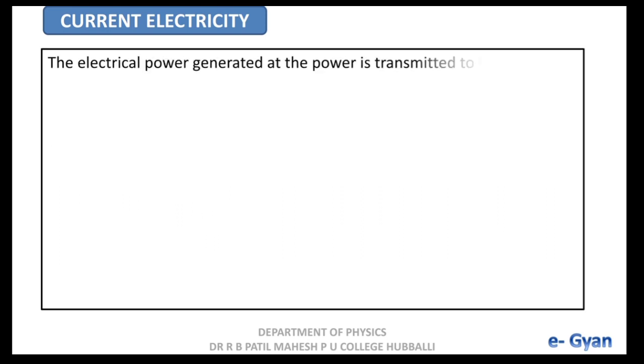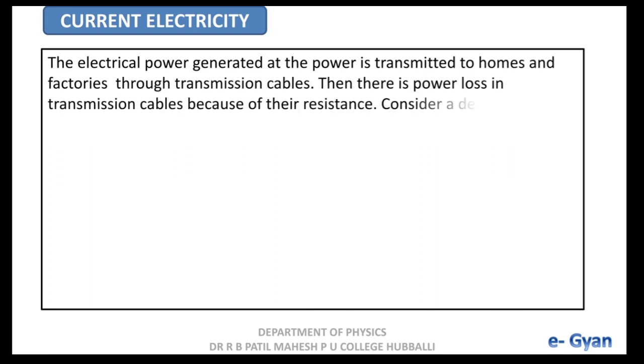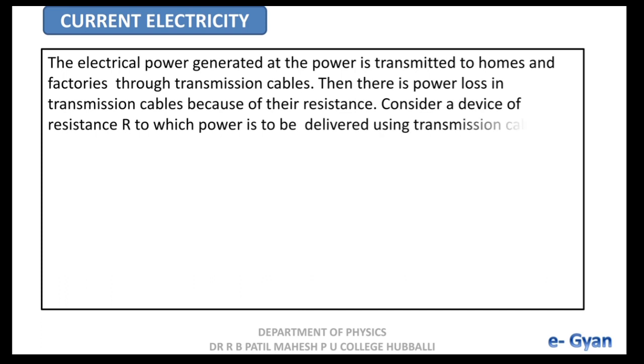Now let us study an important point: how power can be saved, or how power loss can be minimized, when the power generated at the power station is transmitted to homes and factories through transmission cables.